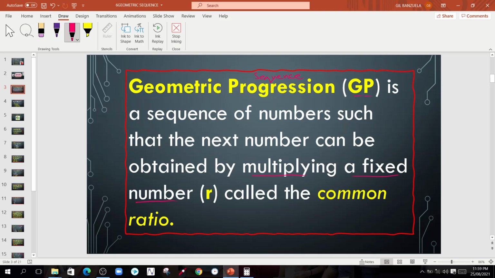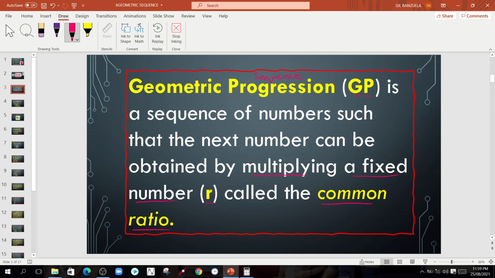Dito we multiply, and that particular number is represented by r.